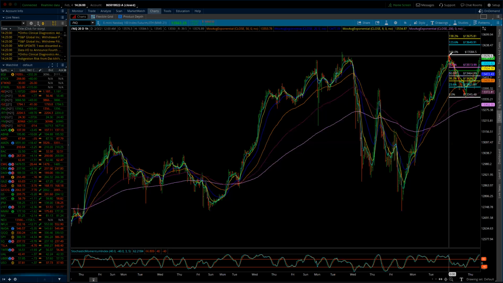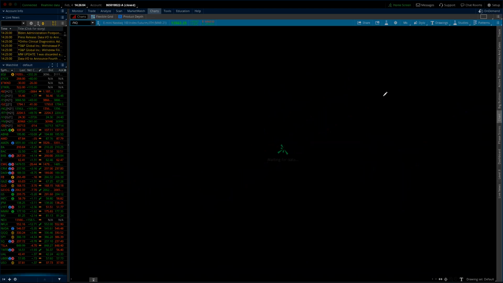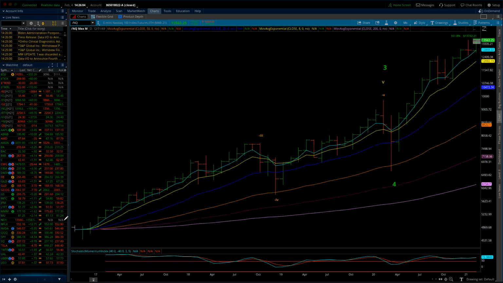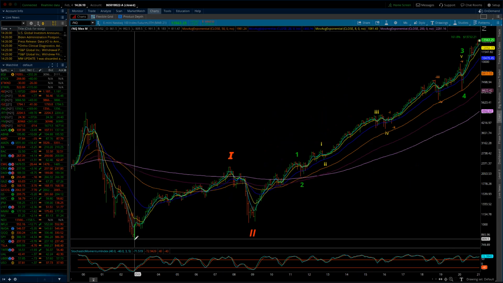And what we're finishing is, and I'll back out to my monthly, we're finishing the rally that started in October of 2002. We are finishing that cycle. And it is taking 19 years, but it's going to be a 5-wave cycle.